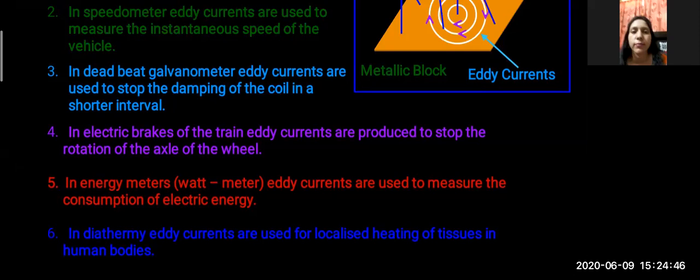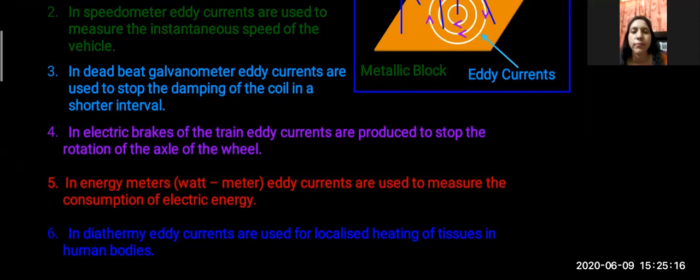Induction motor or AC motor is yet another important application of eddy current. A rotating magnetic field produces strong eddy current in a rotor, which starts rotating in the direction of the rotating magnetic field. In the speedometer of automobiles and energy meters, eddy currents are also used, and in diathermy, that is, in deep heat treatment of the human body.